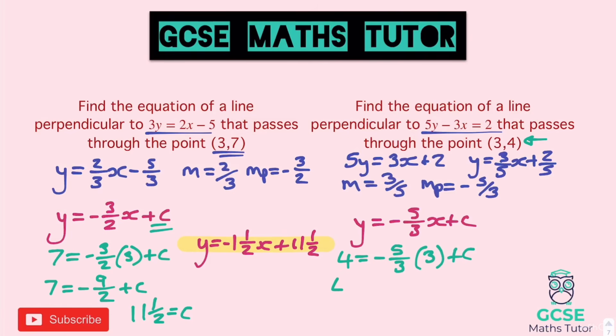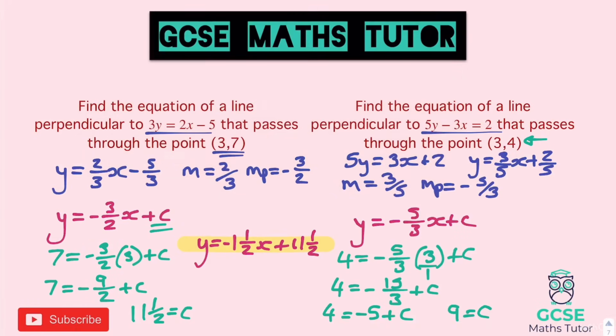So 4 equals 3 times 5 on the top there, remembering it's 3/1, so minus 15/3 plus c. 15 does actually divide by 3, so 15/3 becomes 5. So we have 4 equals negative 5 plus c. And adding 5 to both sides there, we get 9 equals c, or c equals 9.